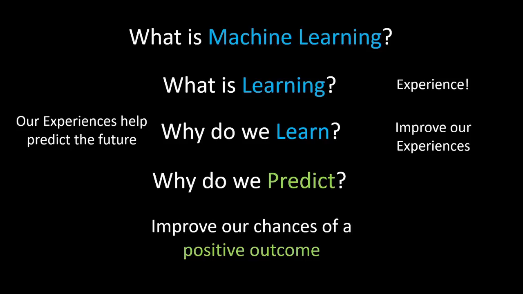So when we look at the idea of experience in learning and predictions, we introduce our ability to make the best possible decisions that we can. And that's really one of the driving motivators for machine learning.